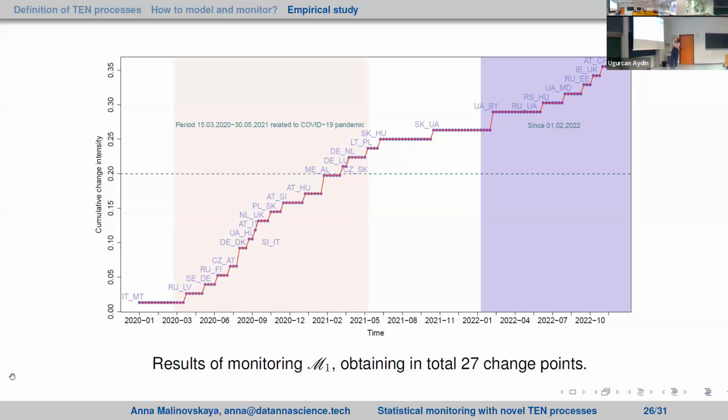But what's also interesting is that Belarus and Ukraine also had a change at about the same time. And then we have some others, like Russia and Estonia, all these Baltic countries, they also had the period of setting the embargo and the sanctions and so on, which could also be detected at more or less the correct time.